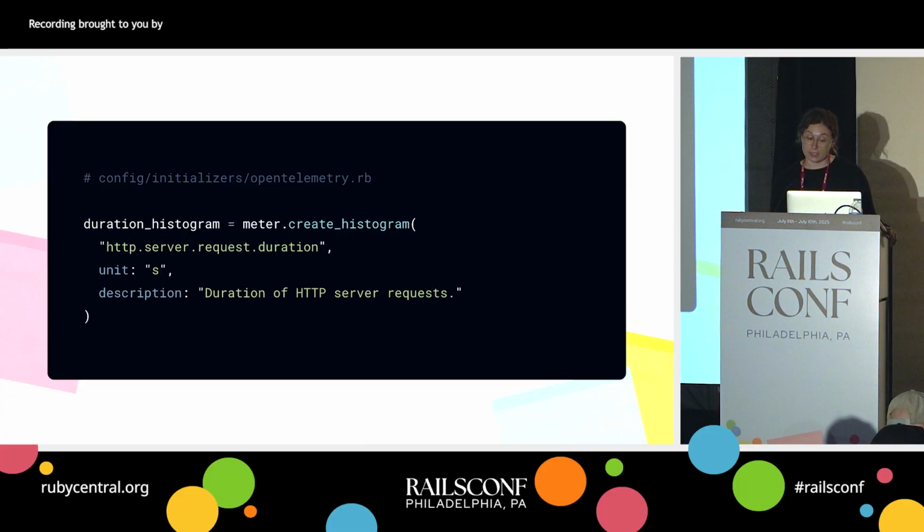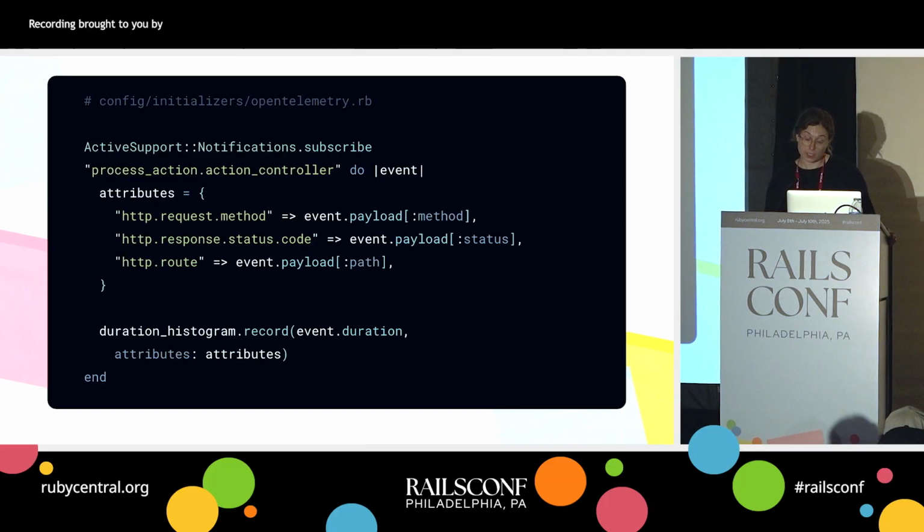The unit will be seconds, matching the conventions, and then we'll use the same description, duration of HTTP server requests. And as always, you can copy paste from the gist or the completed instrumentation.